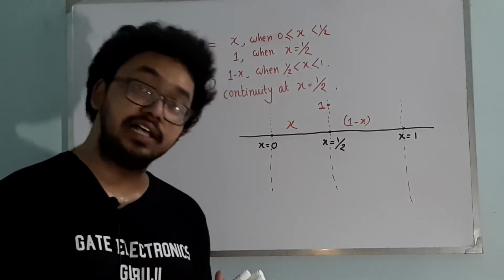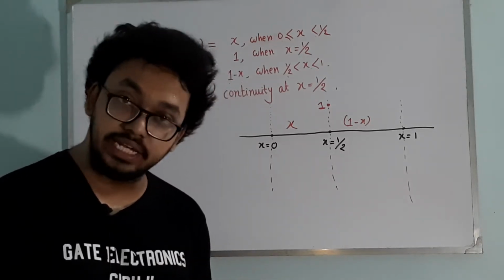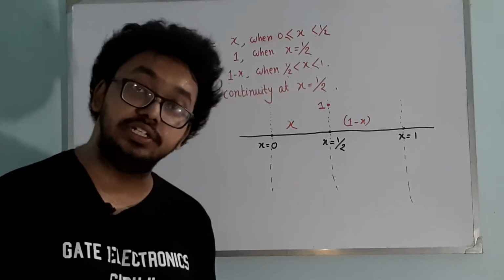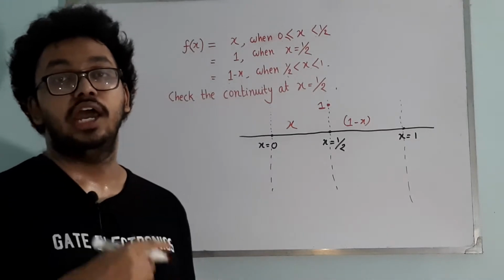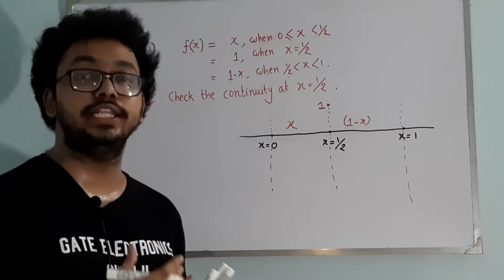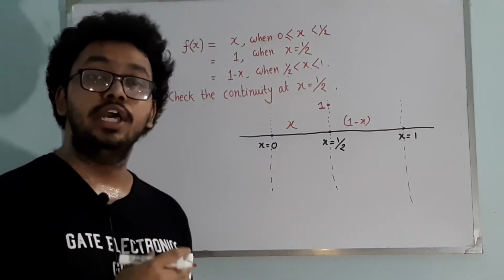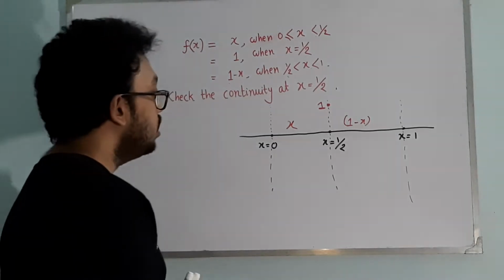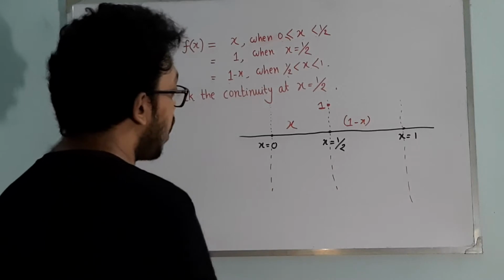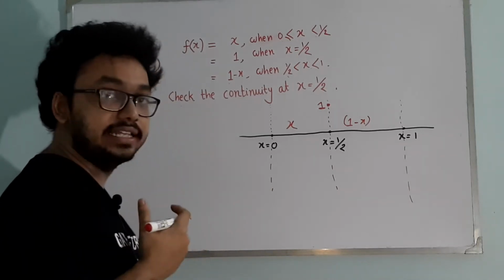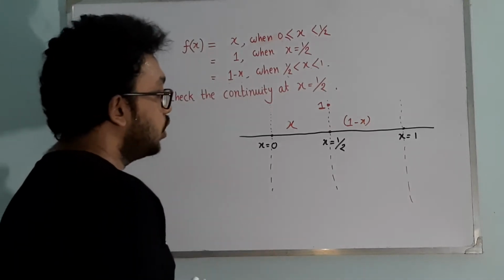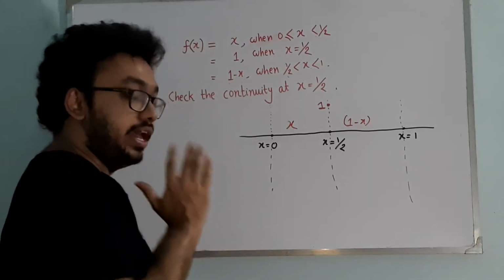We have to first check the existence of limit at the point, then we have to check whether the function is defined at that point or not, and finally we have to check whether the limiting value is same as the functional value or not, right? So in this problem we will first check the existence of limit, and in the limit we will first check the existence of left hand limit.